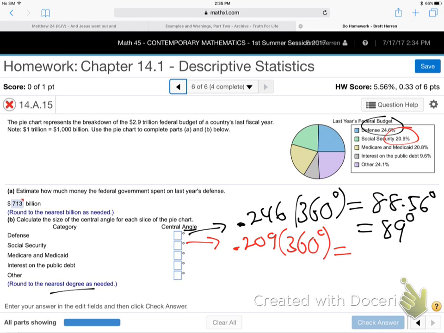Anybody else getting that? Might be 81. I don't know. 75.24. For the red one? Yeah, 75.24.